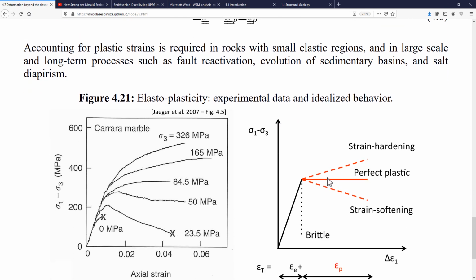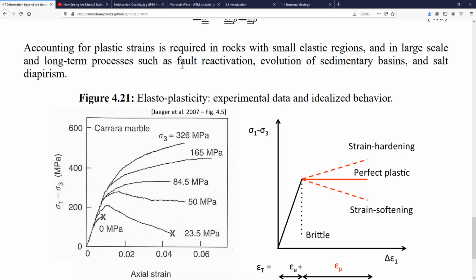And what we see with these kinds of materials and with rocks is that, depending on the effective mean stress or the confining pressure, or in terms of a geological setting, the deeper you go from the surface, the material could behave as a brittle material or as a ductile material. So what is this?